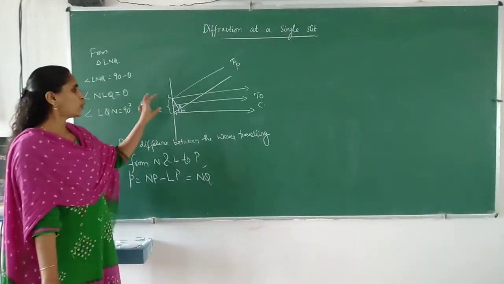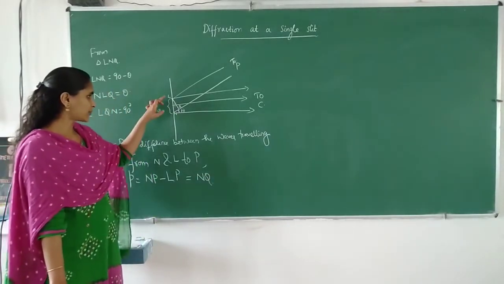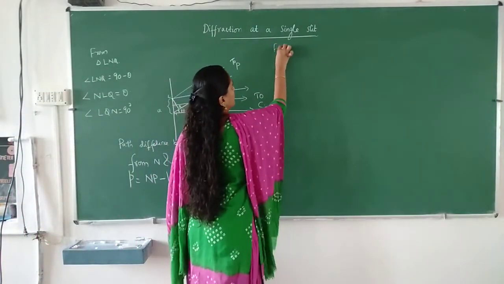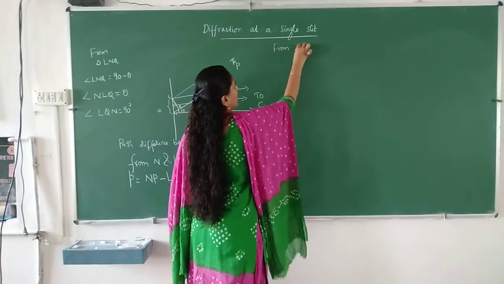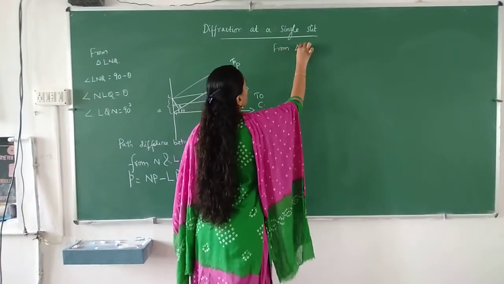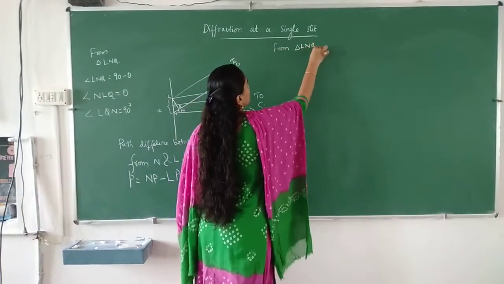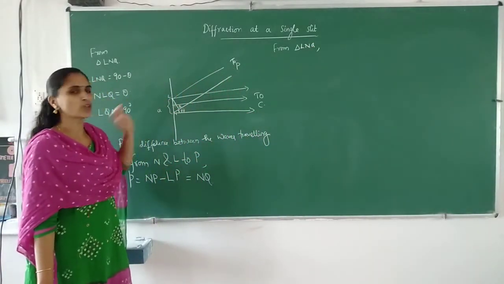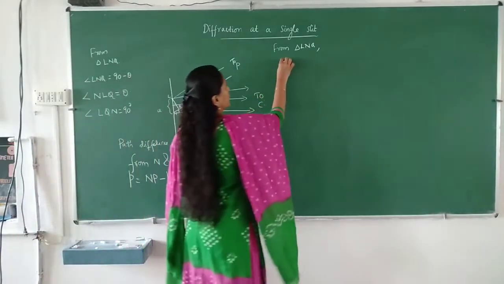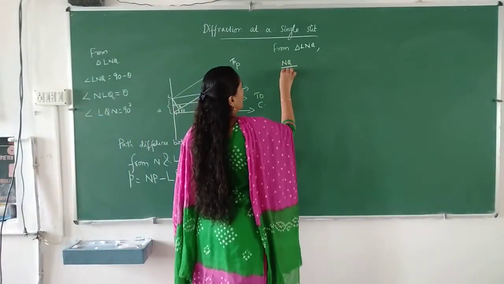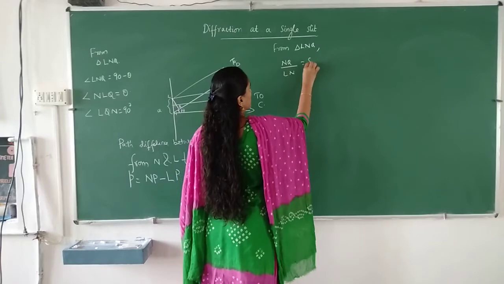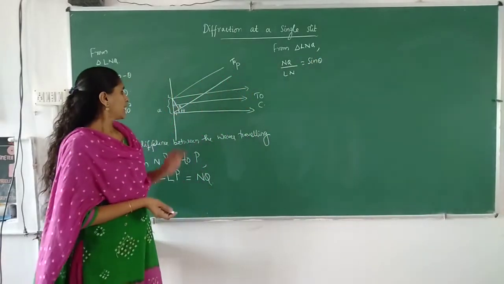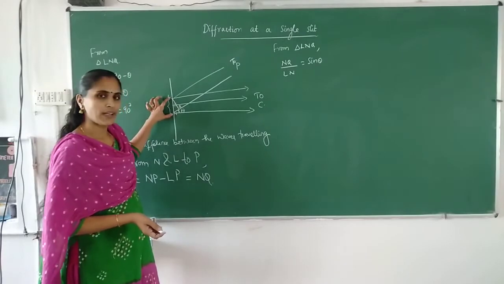Now we can consider the triangle LNQ. We can write NQ by LN is equal to sin theta, where LN is the hypotenuse.